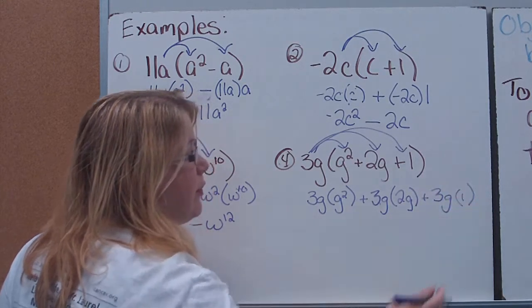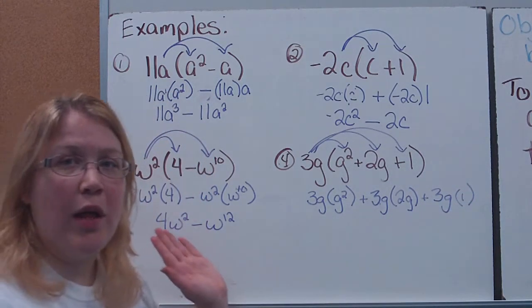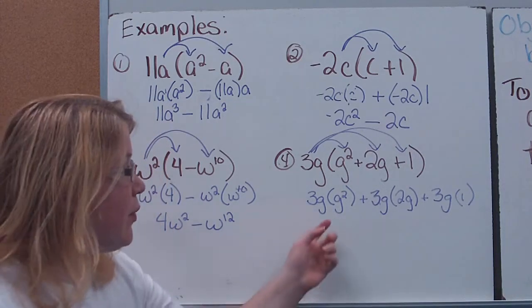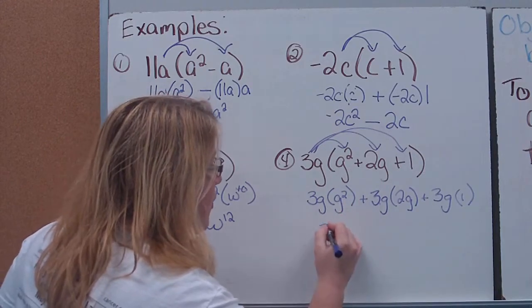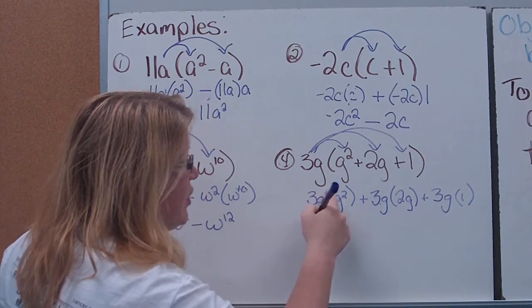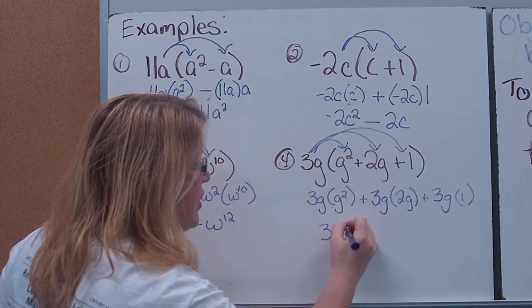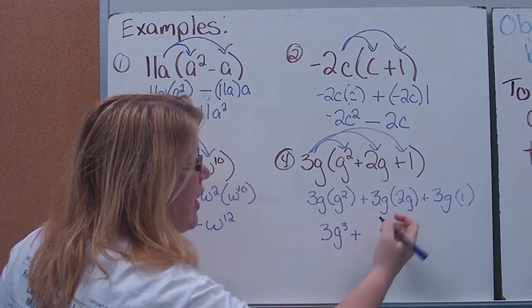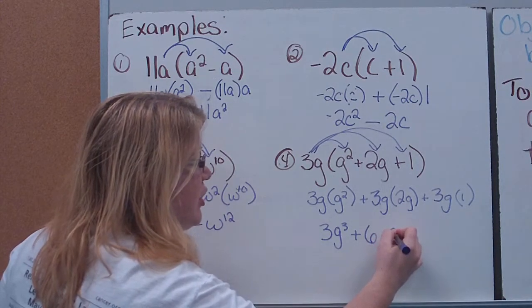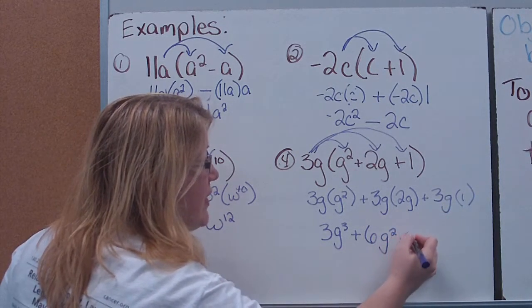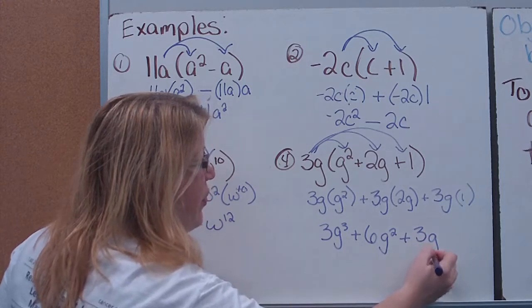So all I have to do is do those 3 simple multiplication problems and get my answer. So 3 times 1 is 3, g to the first and g to the second, g cubed. 2 times 3 is 6, g times g is g squared, and anything times 1 is itself, so 3g.